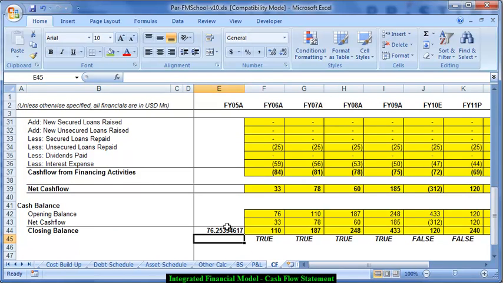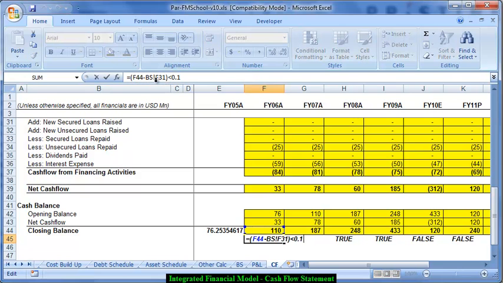Is that okay? So now let's try to figure out. One thing is that we have again. So this is showing as true. The simple reason being that it could be a negative number as well.